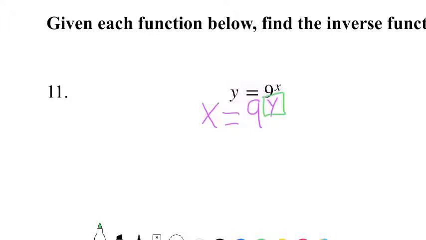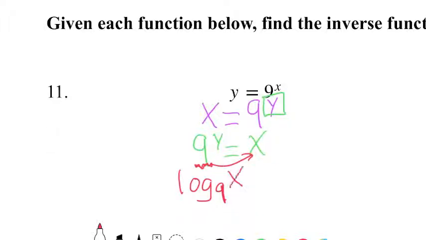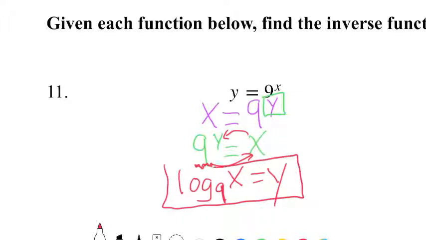So I'm going to switch the order. I'm not going to change the actual equation, but I'm going to switch the order so it looks like what we're used to. So we have the base of the exponent, so that's going to be the base of our log. And then we're taking the log of our x, and we're setting it equal to our exponent.